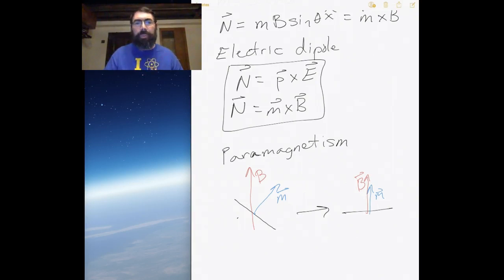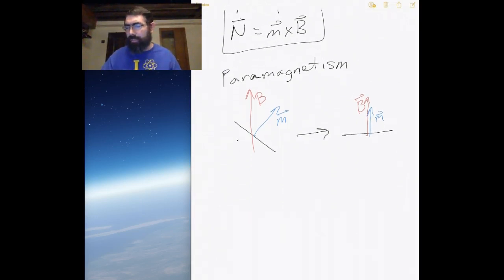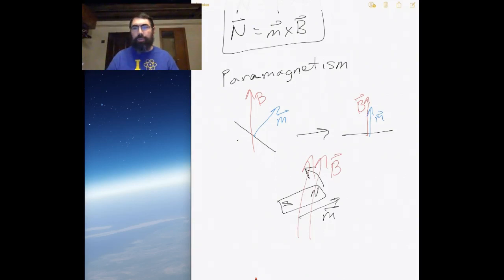So the author of the book goes into a discussion about how an easy way to view this is with magnets, because magnets have a north and a south pole. They have a dipole moment, and so you can see how when you put them inside of an external magnetic field, it's going to cause them to rotate around.